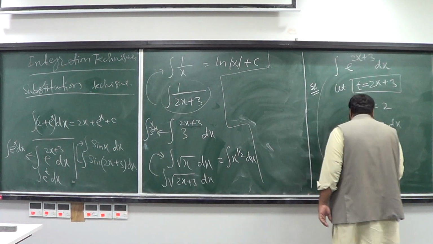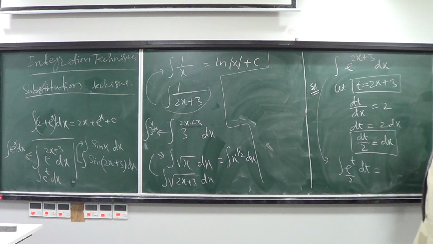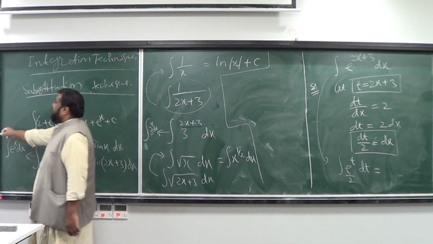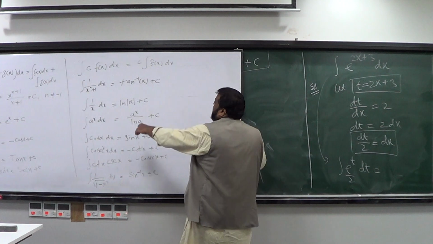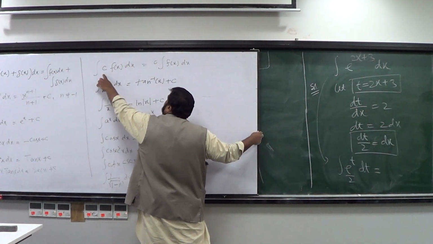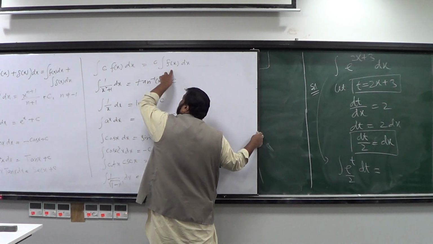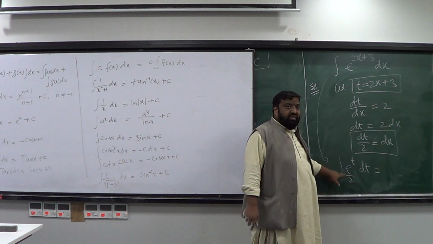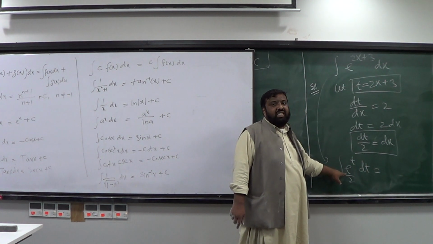Now this has come in the form of one of the standard forms. For example, one property is that you have a constant multiplied by the function, so you can pull that constant out and integrate. So I can take that 1/2 outside of the integral, and what remains inside is e to the t.